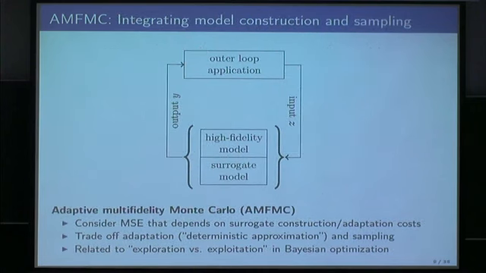What we are now interested in is that we say in our multi-fidelity setting, we have the high fidelity model together with the surrogate model, and we would now like to find out how accurate our surrogate model should be, so how often should we adapt it, or in what sense should we construct it, such that we minimize the error of the corresponding estimator. And the idea is that we want to trade off the deterministic approximation with the sampling.